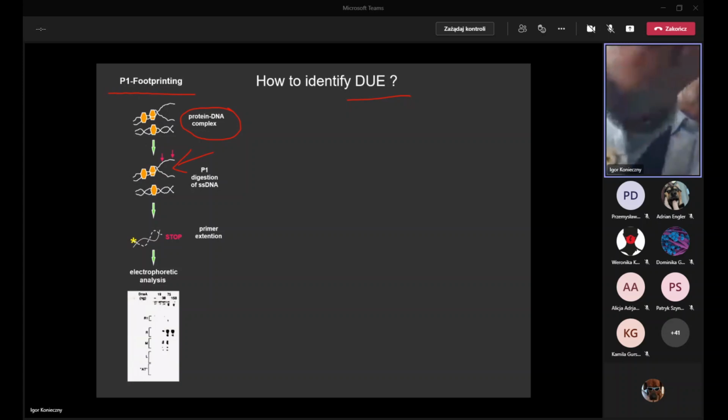And since P1 nuclease has an affinity for single-stranded DNA, it would cut this single-stranded DNA. So these cuts are over there.